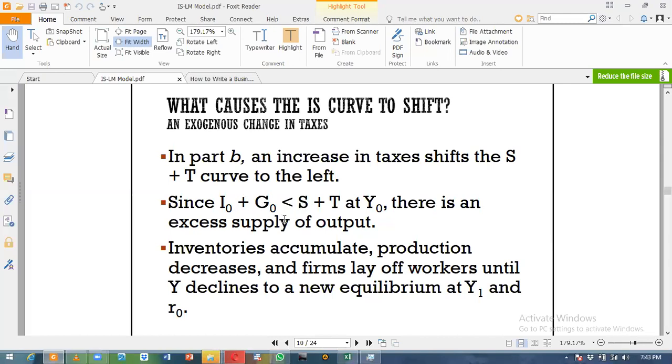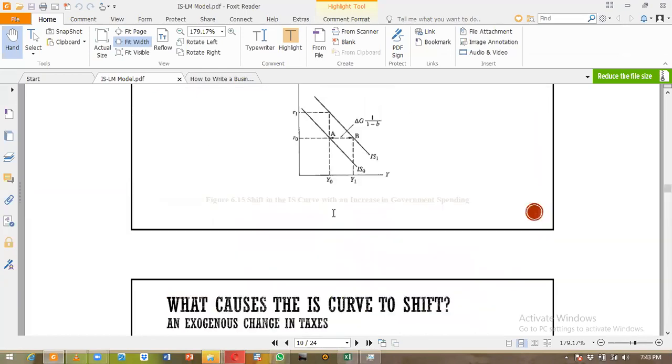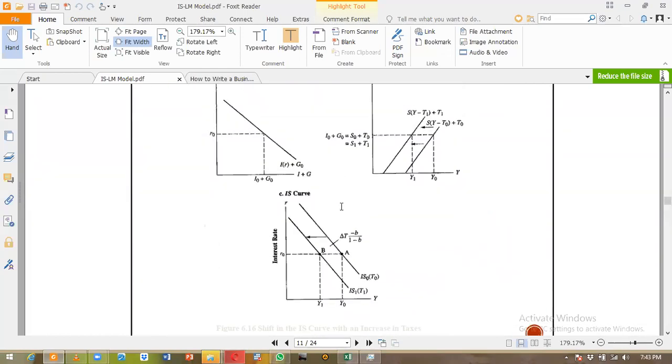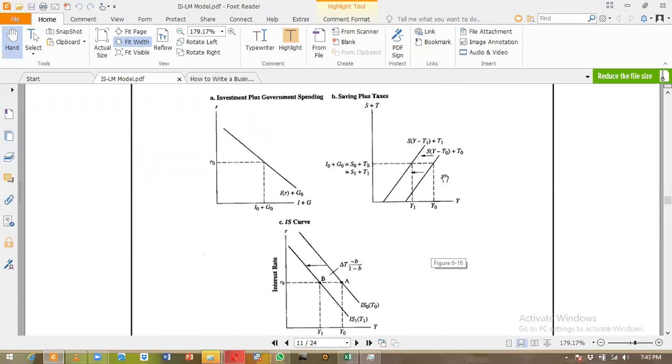When you increase G, the effect on the IS curve is the same as when you reduce T. Which means that when you reduce G, it is the same as when you increase tax. But what normally happens is that, let's look at this one. This one is when there's a change in tax.